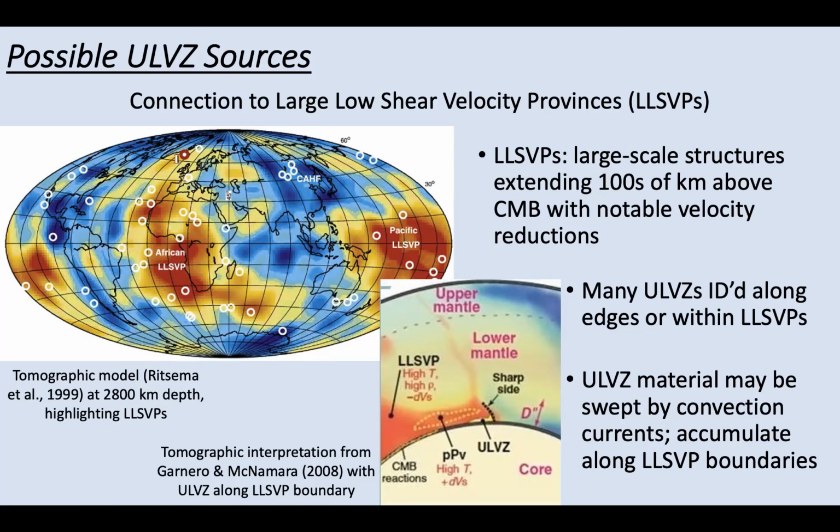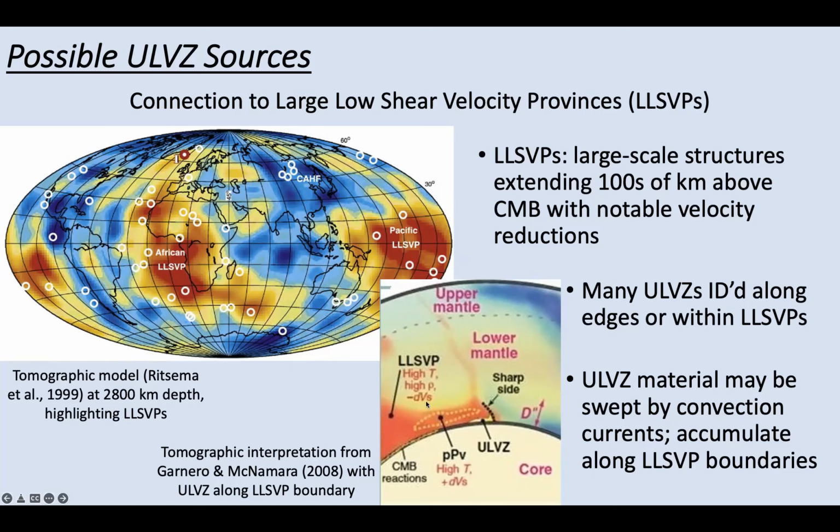That said, a number of studies have suggested that ULVZs have been found either within or along the edges of these larger scale LLSVPs. And so that's what the cartoon here on the bottom is meant to illustrate. The little yellow area right here is meant to represent a small scale ULVZ on the edge of the larger scale LLSVP.